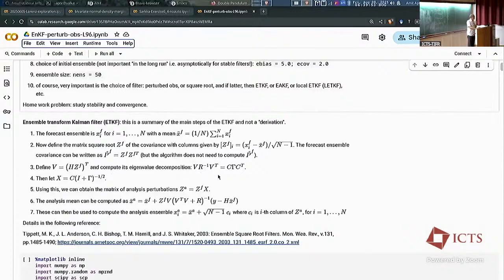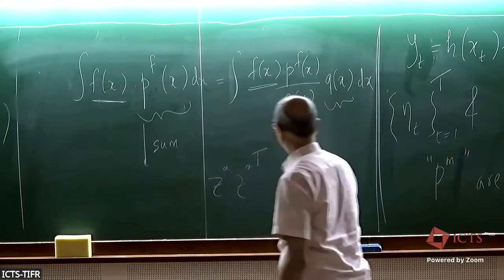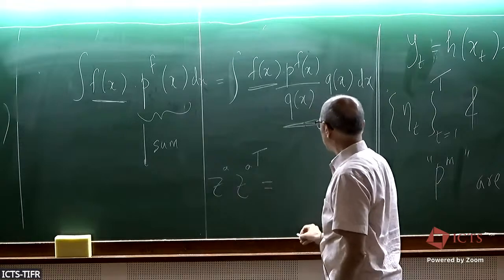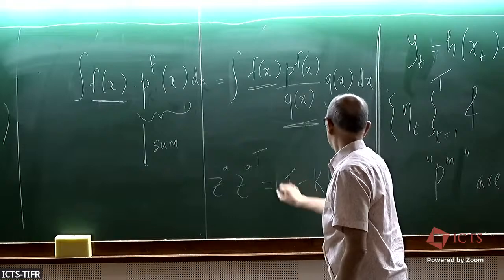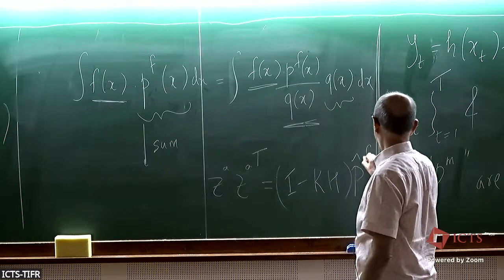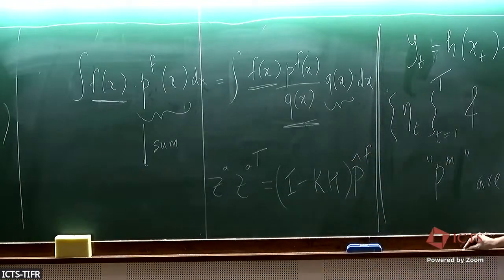It so turns out that after you do a bit of linear algebra and these steps, Z_A Z_A transpose is in fact equal to (I minus KH) P hat F. So it's a bit of calculation, but not really complicated.